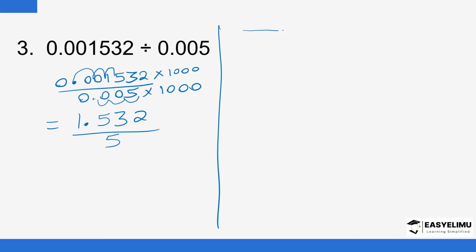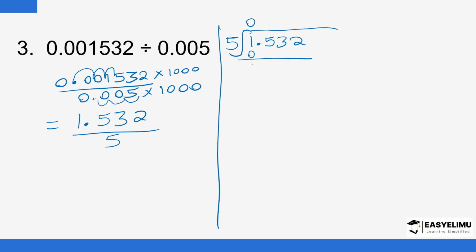So now the divisor is 5, and the dividend is still 1.532. So 1 divided by 5 is 0, because 1 is smaller. That is the only reason I'm writing 0 at the top there. And 0 by 5 is 0.